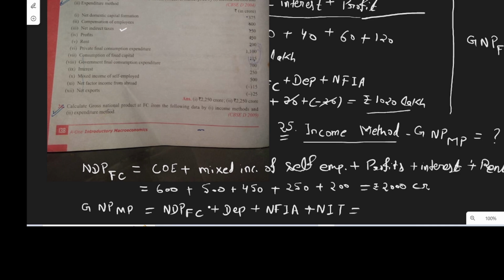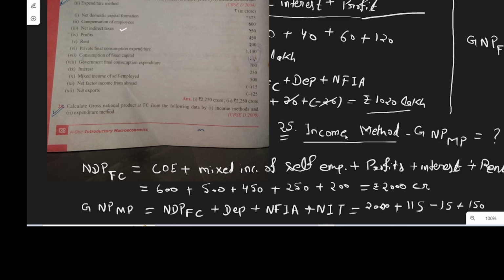Now put the values. NDPFC already calculated, 2000. Depreciation, that is consumption of fixed capital, I think it is 115. Yes, 115. NFIA is minus 15. So plus minus 15, I'm directly writing minus 15. And NIT is 150, which is positive, plus 150.